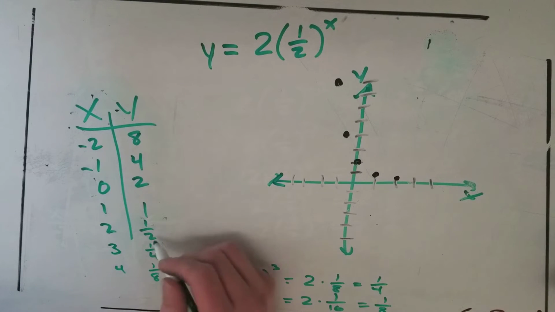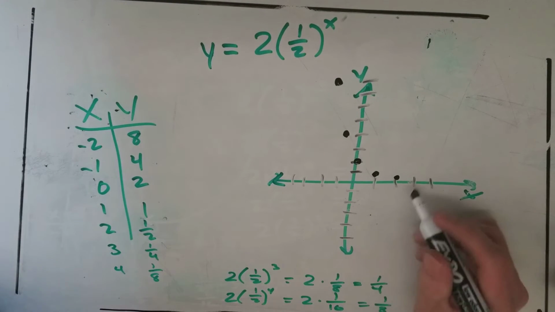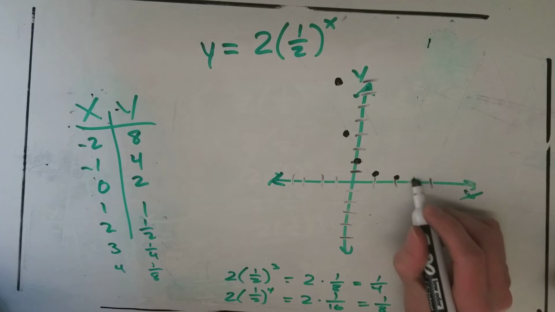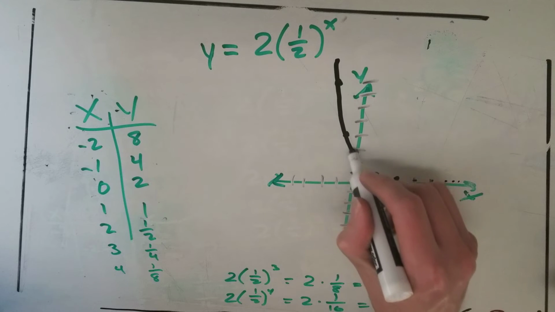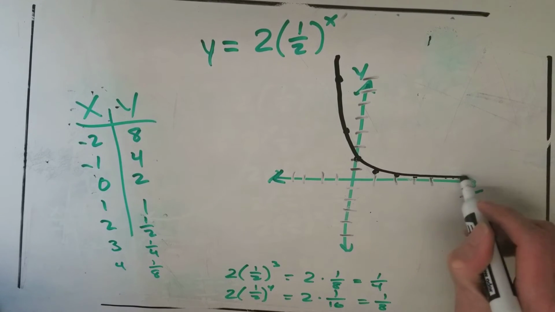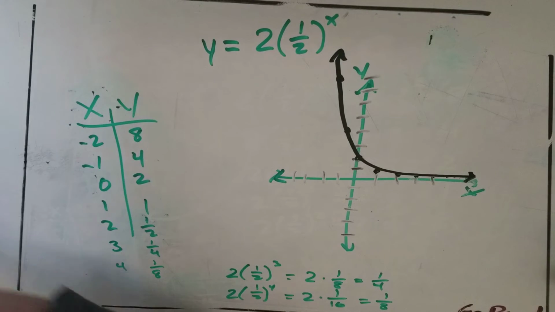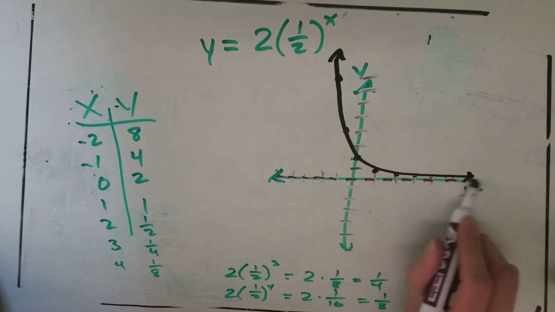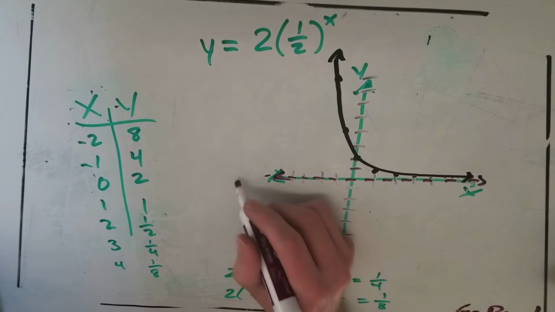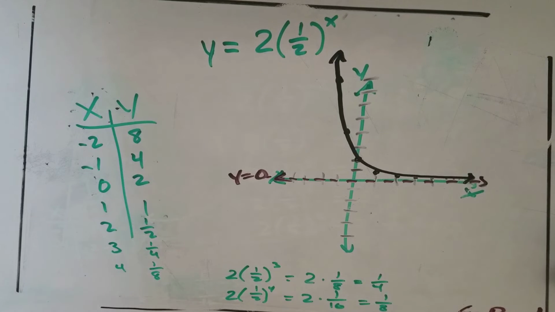You might notice we're going to approach 0 and never get to 0. We have an asymptote at 0, and our function looks like this on our graph. Let's indicate that. We'll draw a nice little dotted line here, y equals 0. There we have an asymptote at 0.